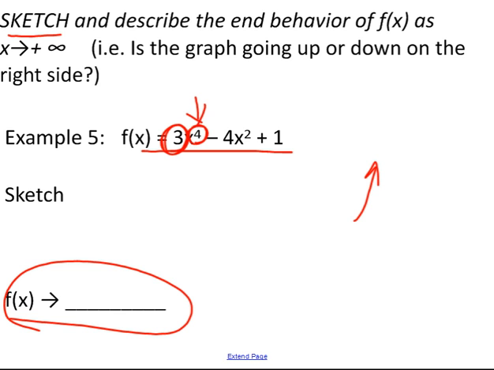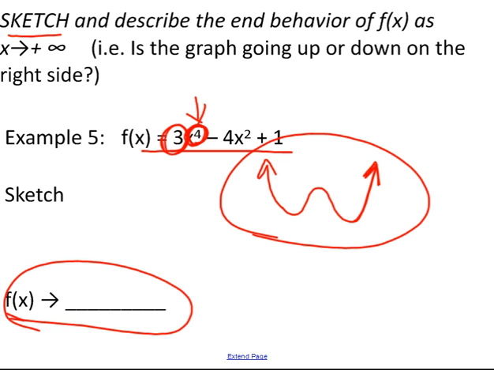An even degree means the left side also has to go up. If the degree is 4, we're going to have 3 turning points. So turn, turn, turn, and we have a brief sketch.